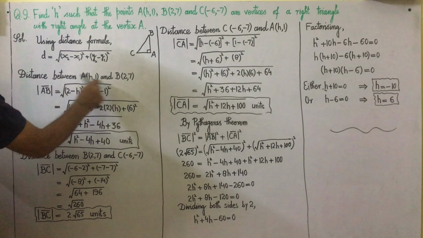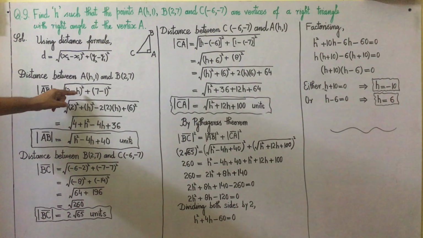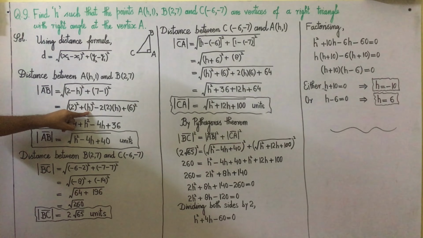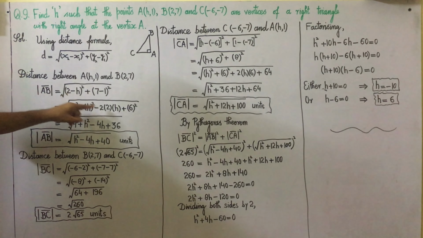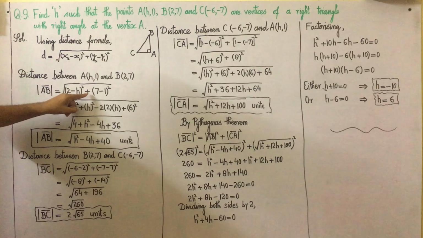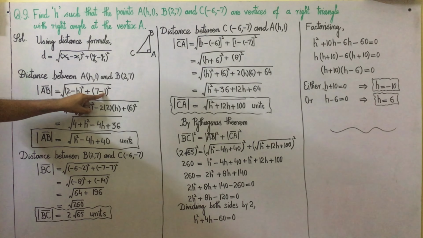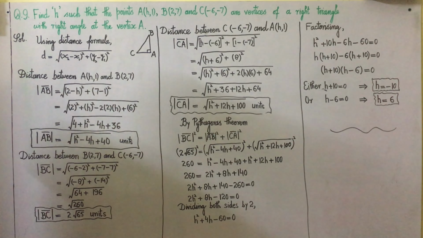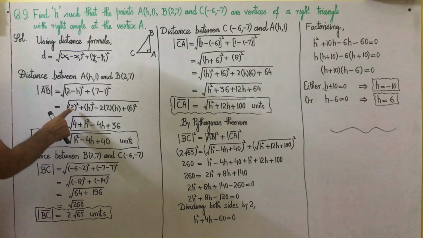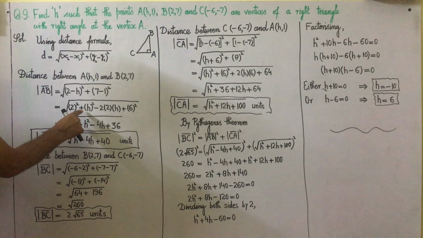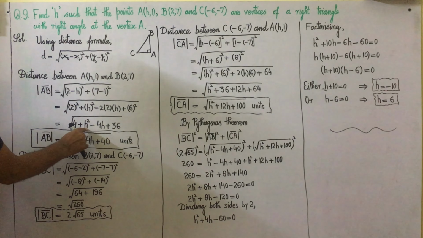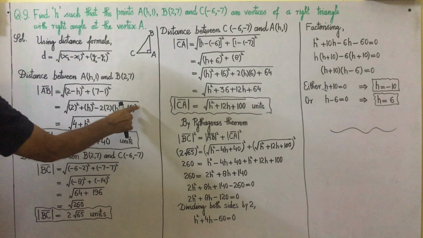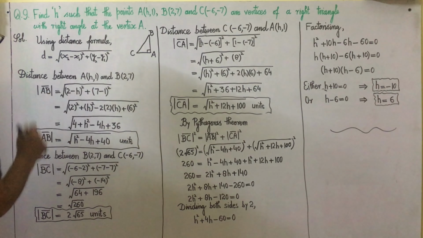2 minus h whole square is equal to 2 square plus h square minus 2 into 2 into h, that is 4 plus h square minus 4h, plus 7 minus 1 is 6, so 6 square is 36, all under the square root.